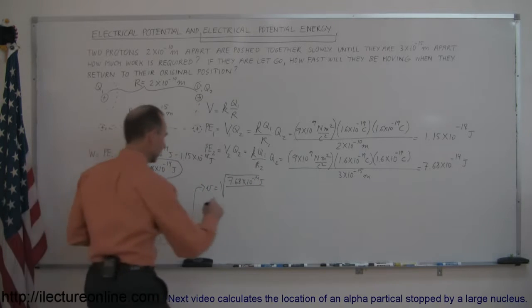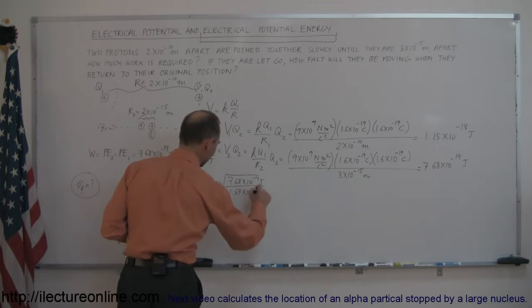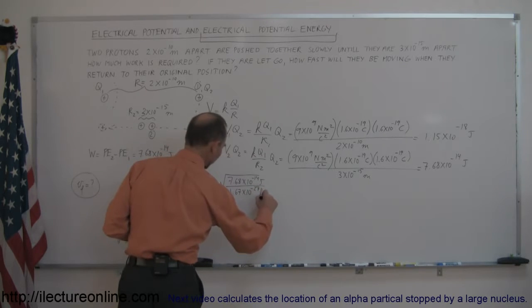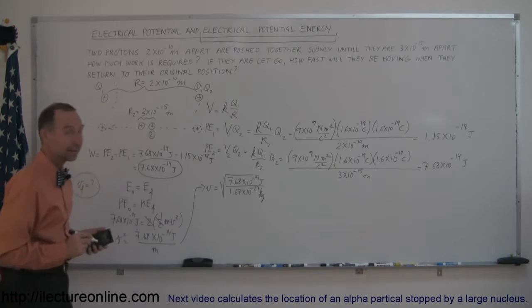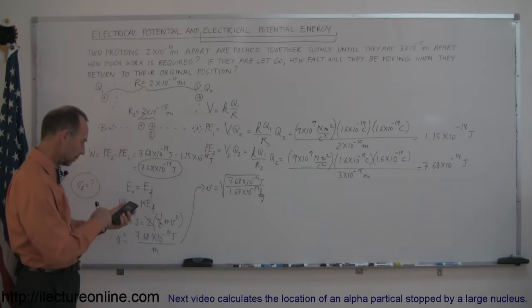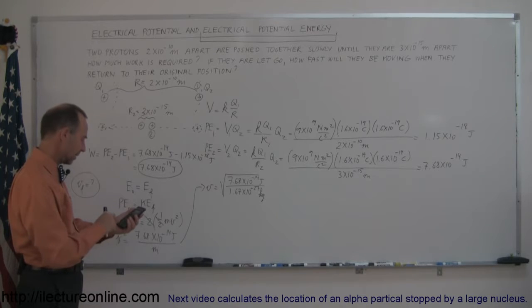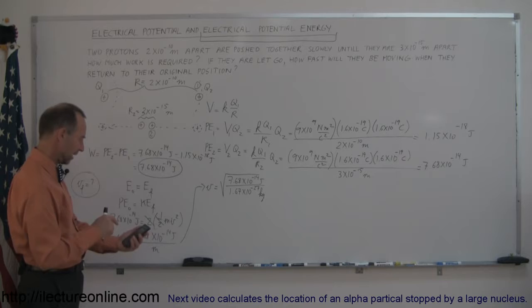If I remember right, the mass of a proton is 1.67 times 10 to the minus 27 kilograms. All right, let's now plug that into our calculator. So divide that by 1.67 exponent minus 27, equals, and then take the square root of that, and that is rather fast.